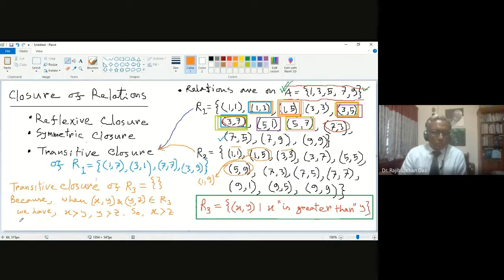Therefore x comma z is also a member in R3. So in this way you can explain. This is the logical presentation of your answer. And R1, R2 are just examples.